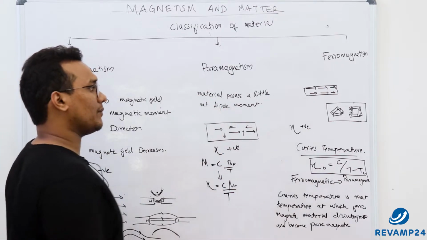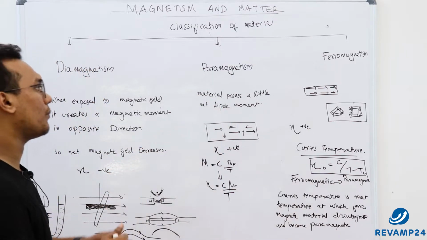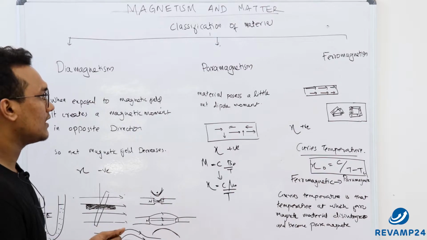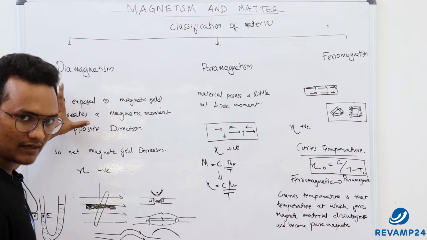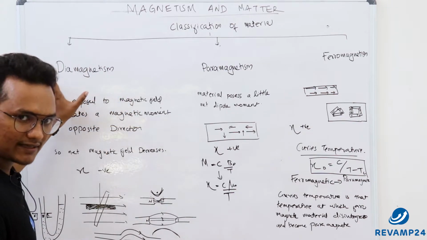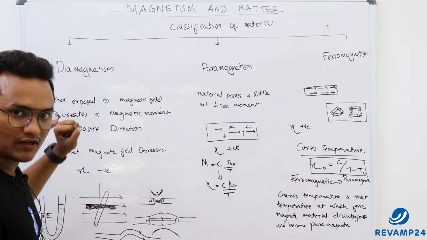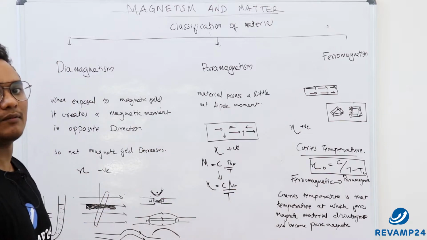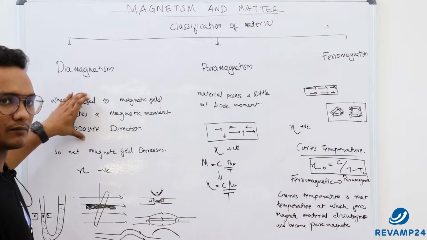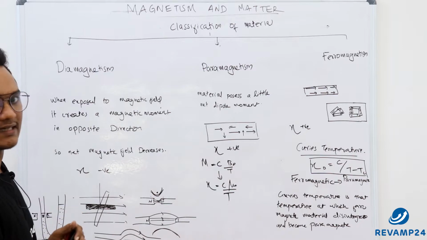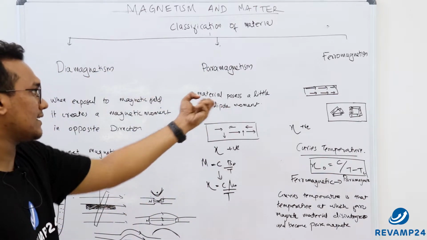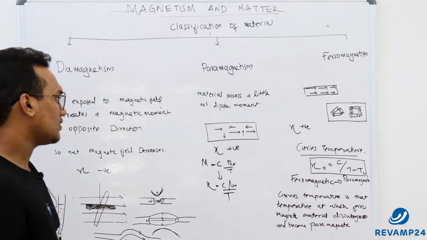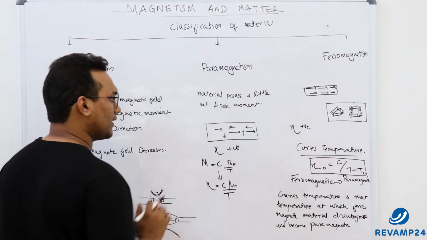In the case of a paramagnetic substance, it is just opposite. And one more thing, we can't exactly say it is opposite. See, a diamagnetic substance doesn't have any magnetic moment by nature, but when we keep it in an external magnetic field, it will create a magnetic moment opposite to the external magnetic field. But a paramagnetic substance, by nature, has certain magnetic moments. Let's say these are the magnetic moments inside a material.